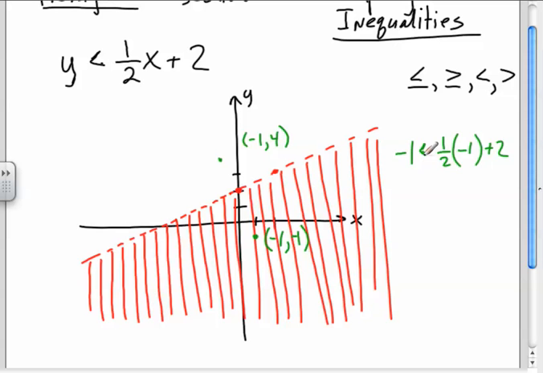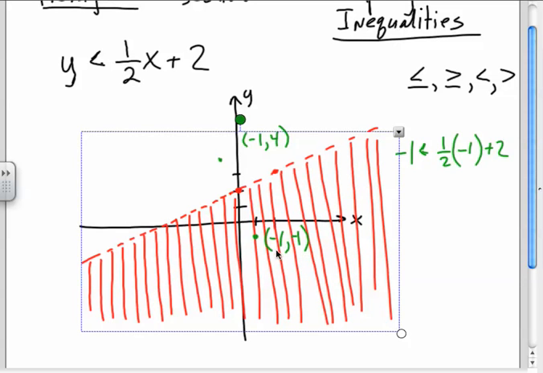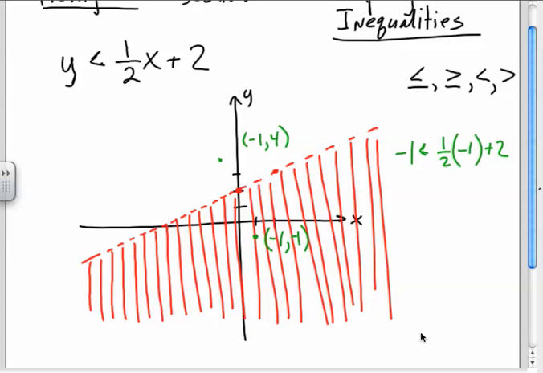So you'll see I plugged in the y and the x from that first point. Now when I solve this, I get -1 is less than -1/2 plus 2. -1 is less than 1.5. And that's a true statement. And because it's in that shaded area, that's why it's true.